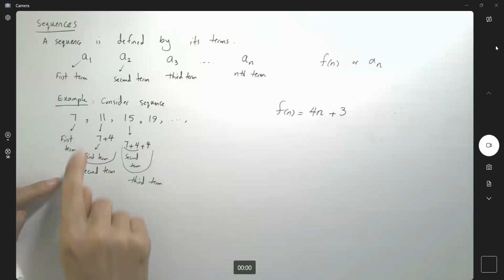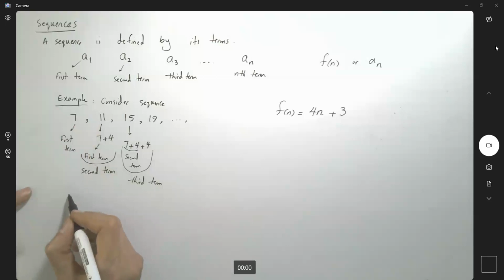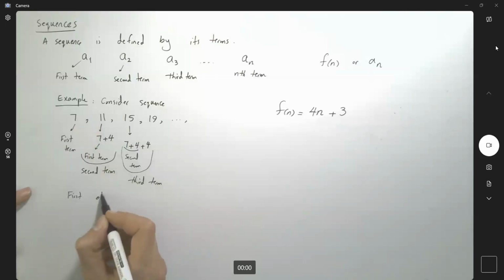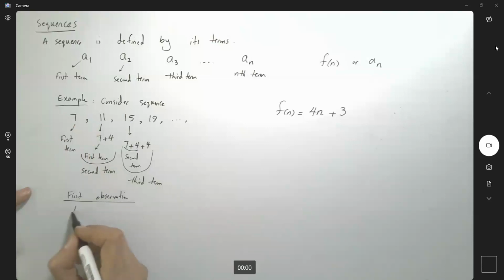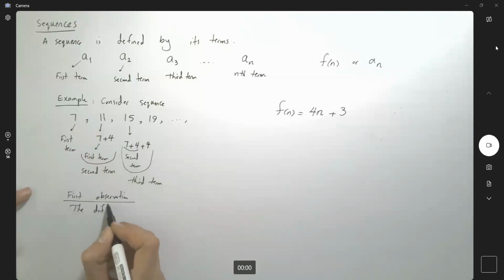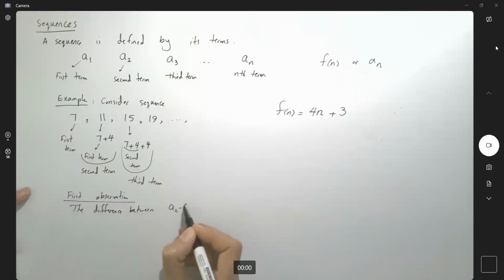So the difference between consecutive terms, this is the first observation. The difference between a sub 2 minus a sub 1 is 4.